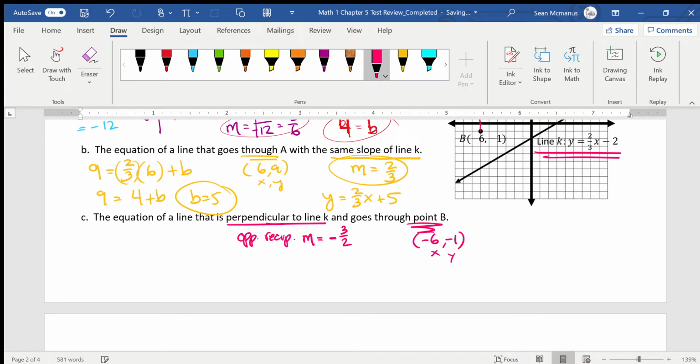Same idea: y equals mx plus b. I know an m, an x, and a y, so I can plug them in and solve for b. So -1 equals, negative times negative is positive, so I can forget about the sign now, 3 times 6 is 18, divided by 2 is 9, plus b.